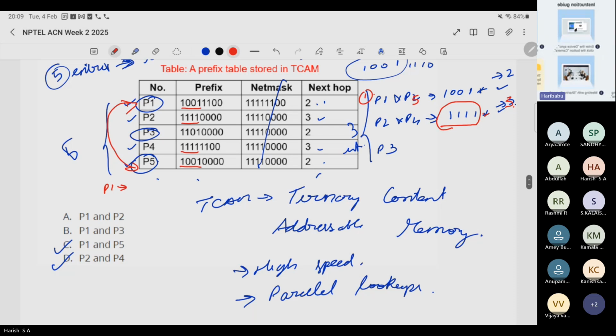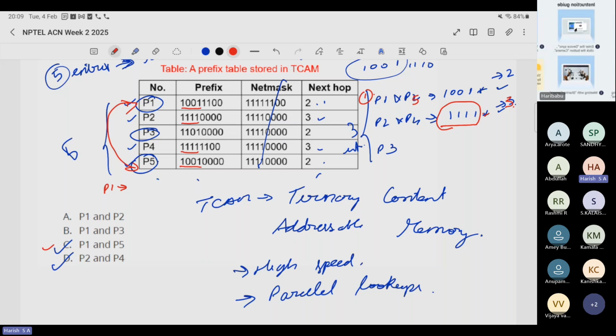Whereas P1 and P2 are different, and P1 and P3 also differ by one bit. But while merging, we are taking just the first 4 bits into consideration.